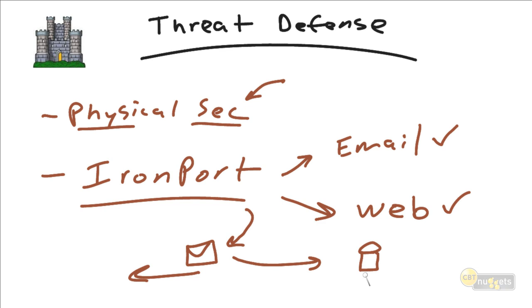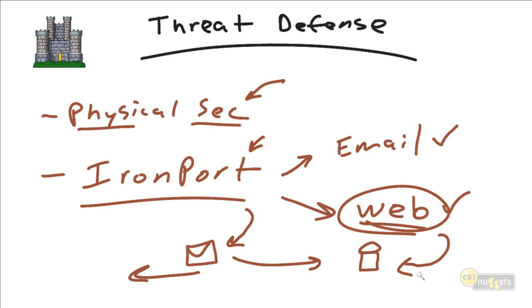Yeah, there's a database of individuals that are blacklisted because they're computer criminals. It's the same with web traffic. The IronPort device will analyze the web traffic and check it against a known database of potential issues, phishing sites and other classic issues that we run into when we're web surfing.